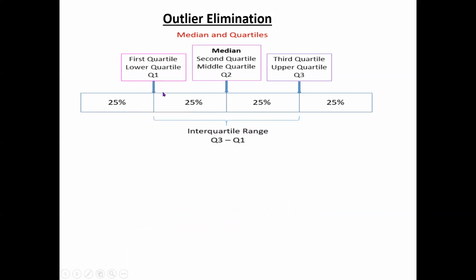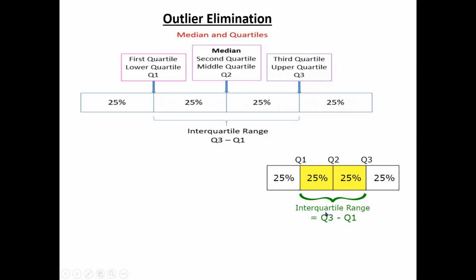So the first one is called the lower quartile or Q1, the first quartile. And the second quartile is the middle quartile or median actually. So why is it the median? Actually, you need to write all the numbers from lower to higher, in ascending order. Then only it becomes the median. I will show you an example. This is the third quartile. And the difference between this Q3 and Q1 is called the interquartile range, IQR.